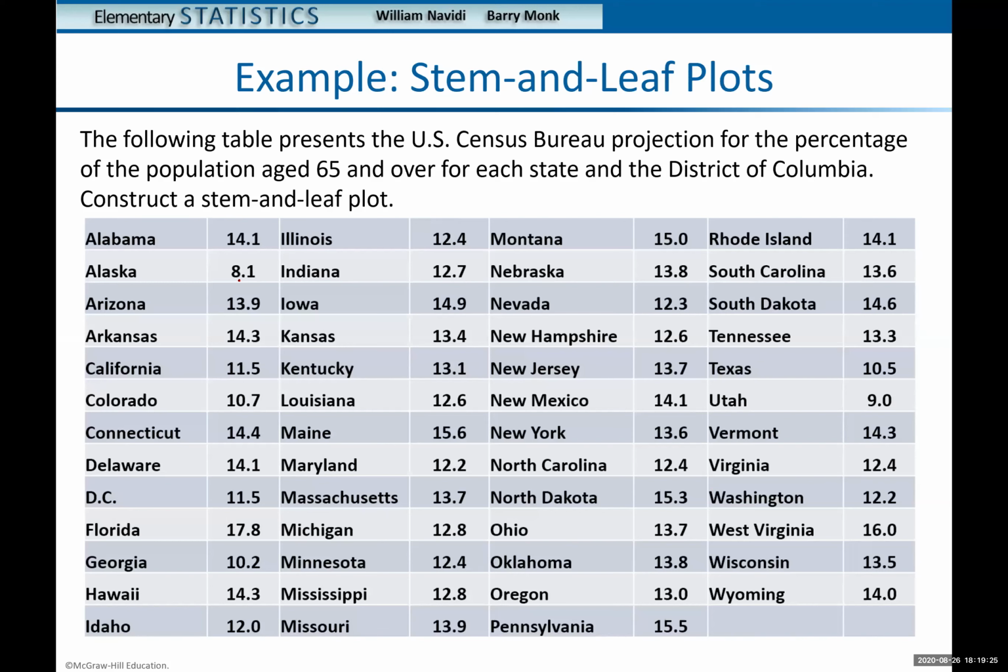Is it 8.1 here? And the highest? 17.8. Where is that? 17.8. All right, so from 8 to 17, you're going to create your stem and leaf just like this.